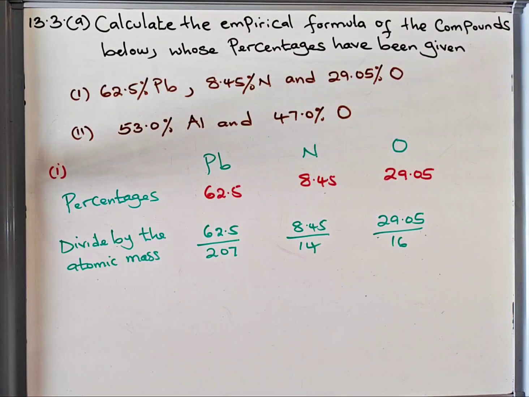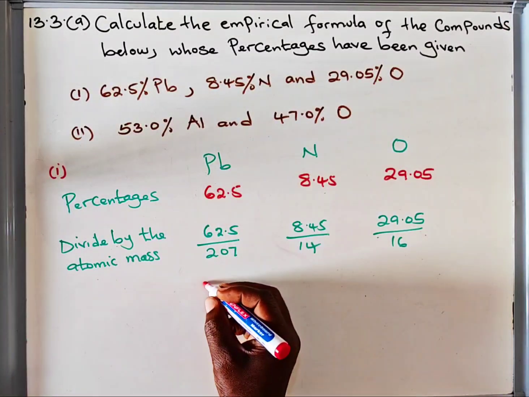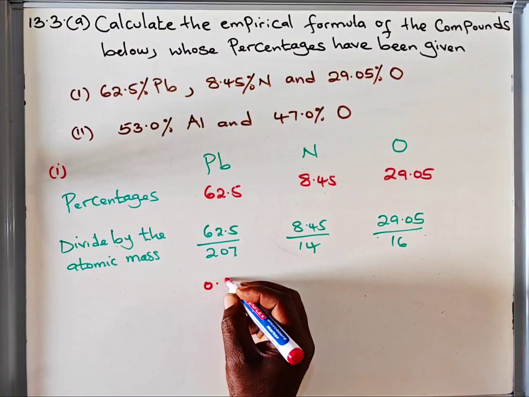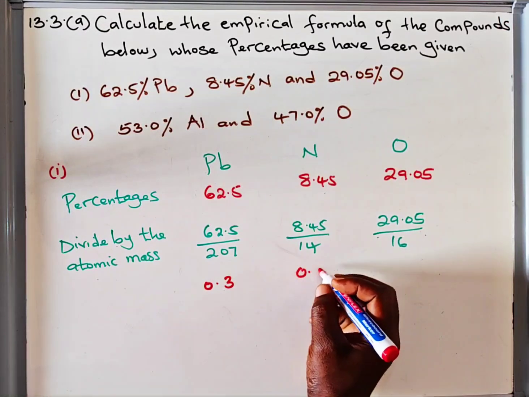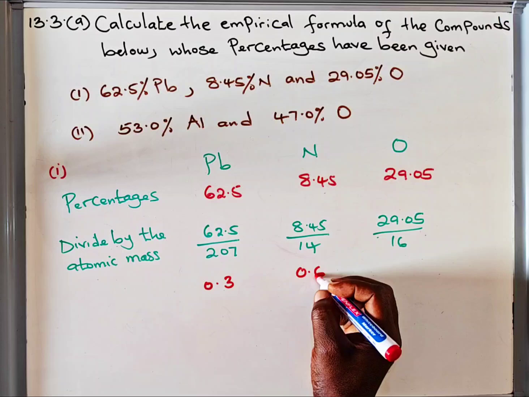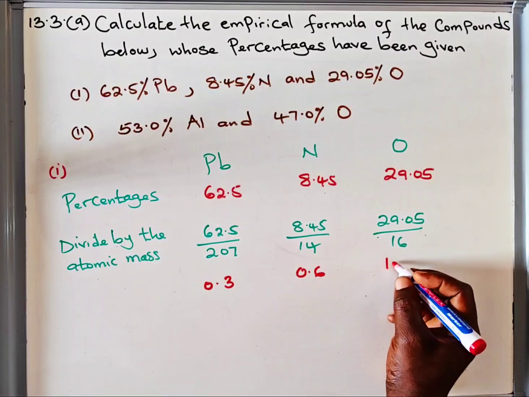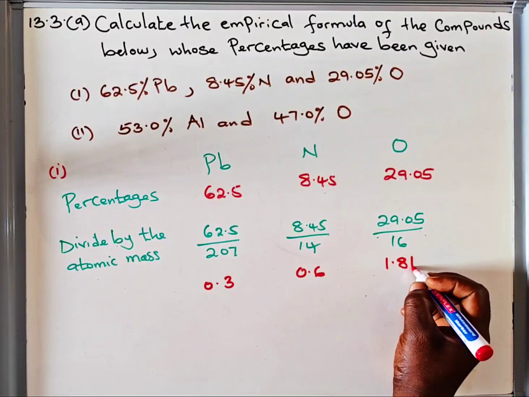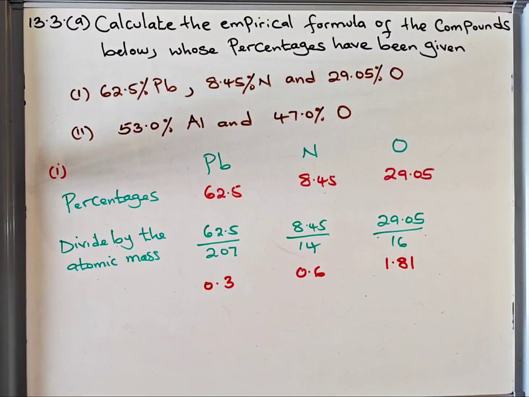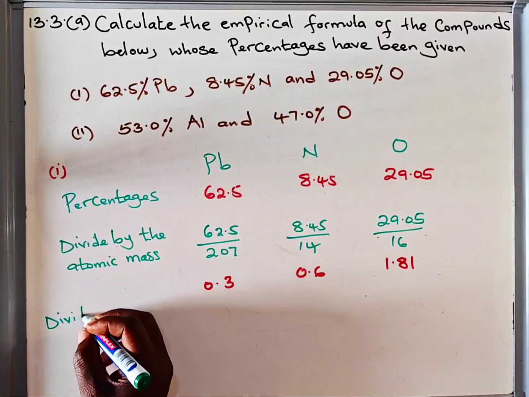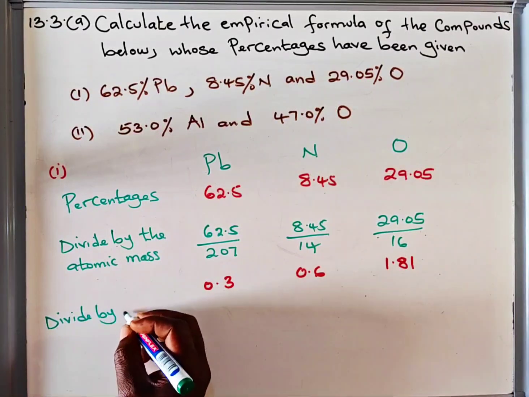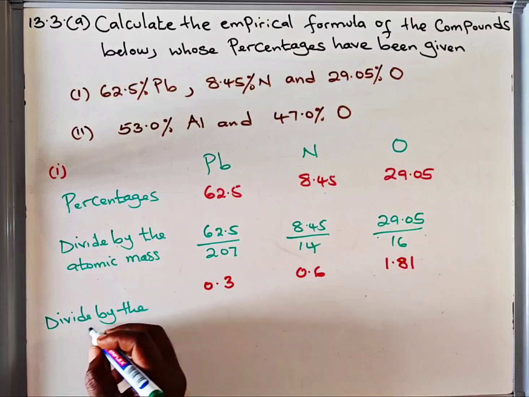From there, what do we get? Here we have 0.3. Here we have 0.6. And here we have 1.81. Next step, you divide by the smallest.